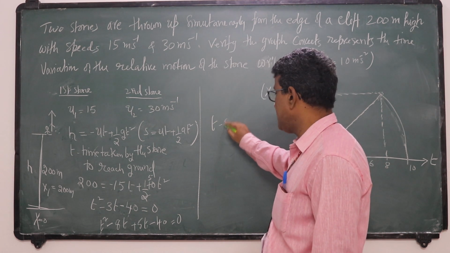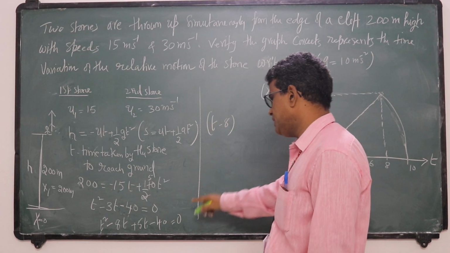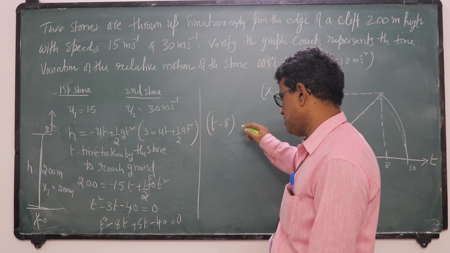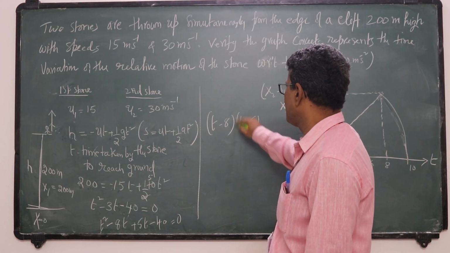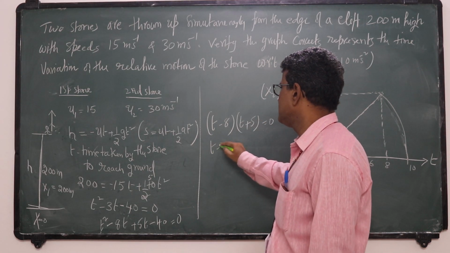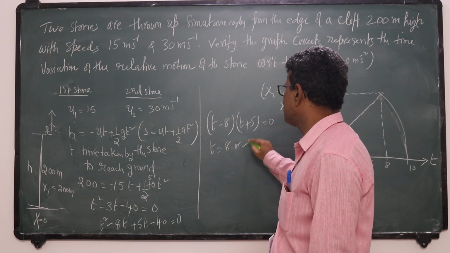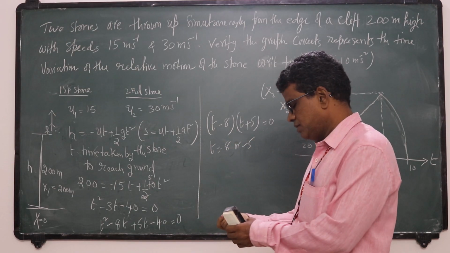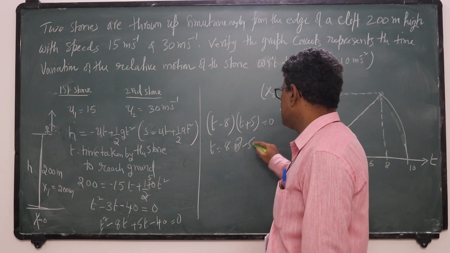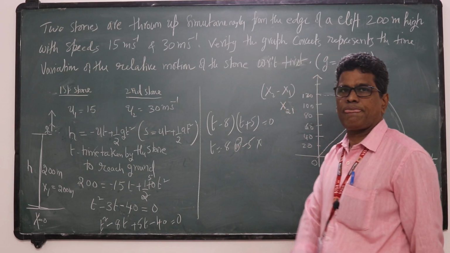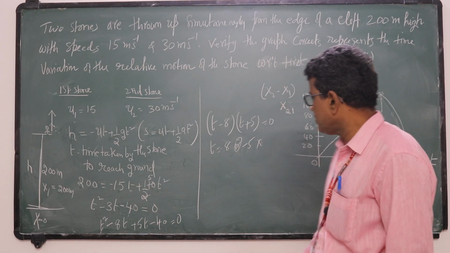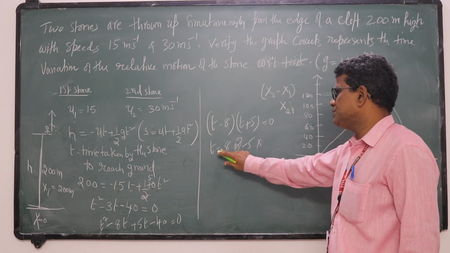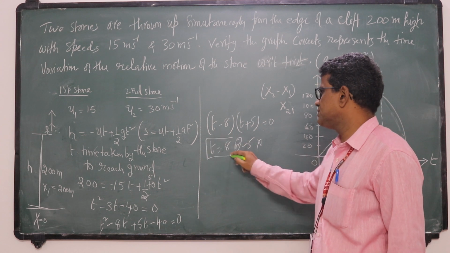T minus 8, and if you take 5 as common, t plus 5. So t is 8 seconds or minus 5 seconds. This minus 5 is not possible, time cannot be negative. So it will take 8 seconds.